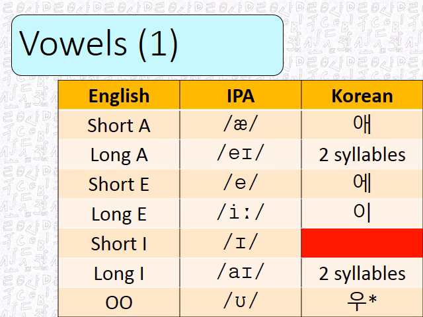Long A and long I are considered two syllables in Korean, as they are diphthongs in English, with A and I. This can lead to intonation errors because the words have been expanded beyond the number of syllables normally said. There is no short I in Korean, which causes some problems separating words like ship or sheep.